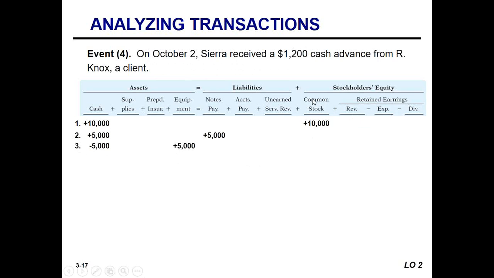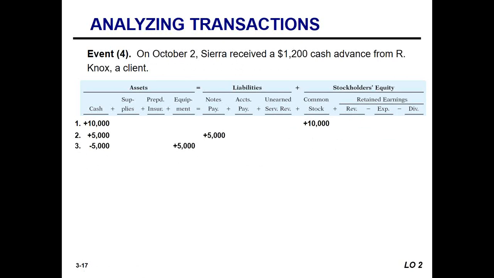I want you to notice this column that says unearned service revenue. And it's a liability, which generally means we owe somebody something. Well, if somebody gives me money as a retainer, and then I do not do the work, I owe them that money back.